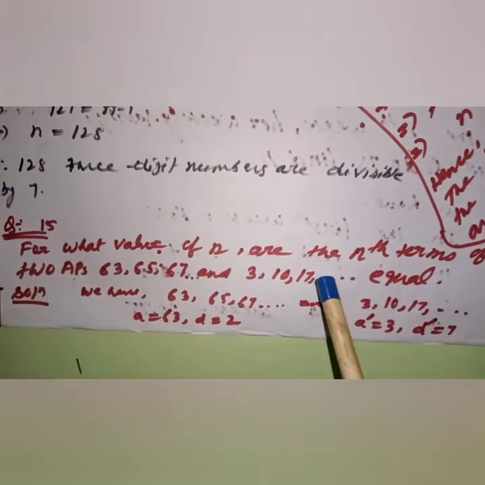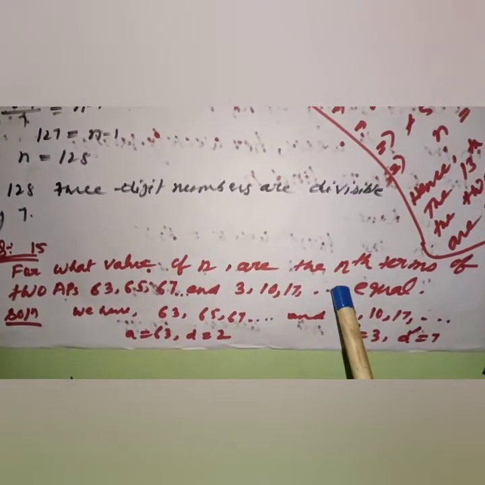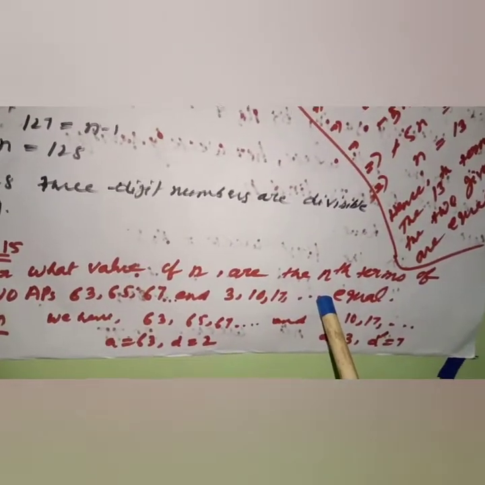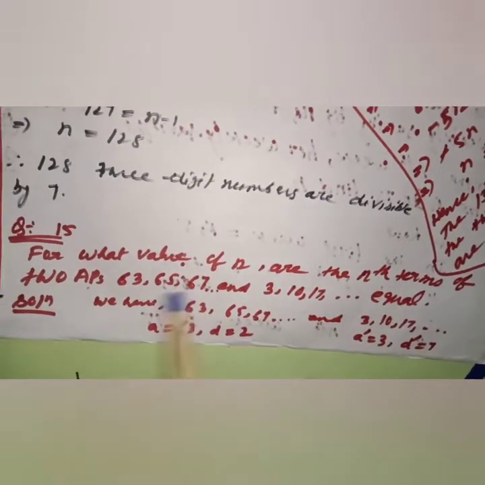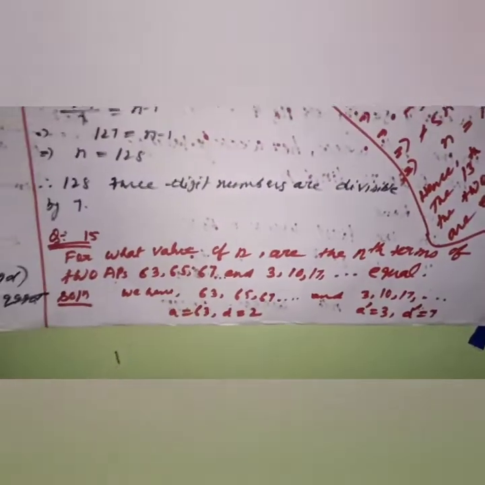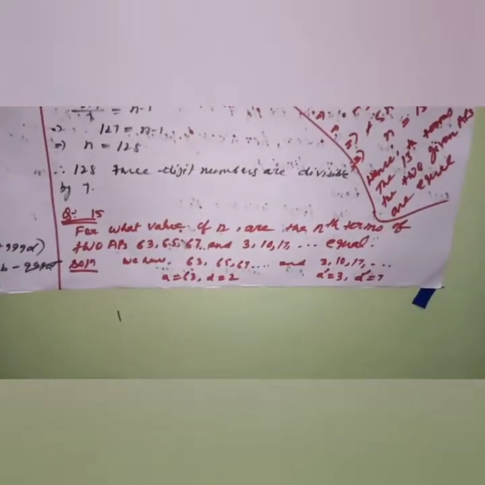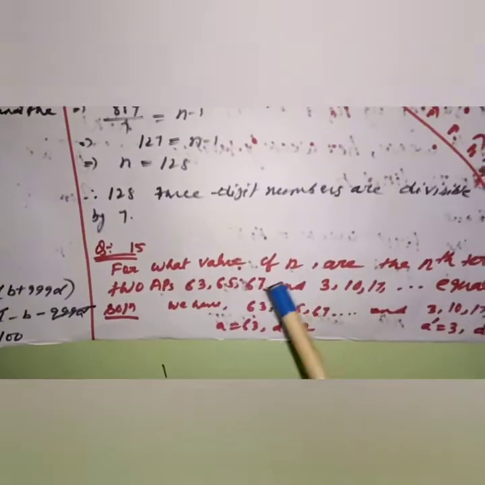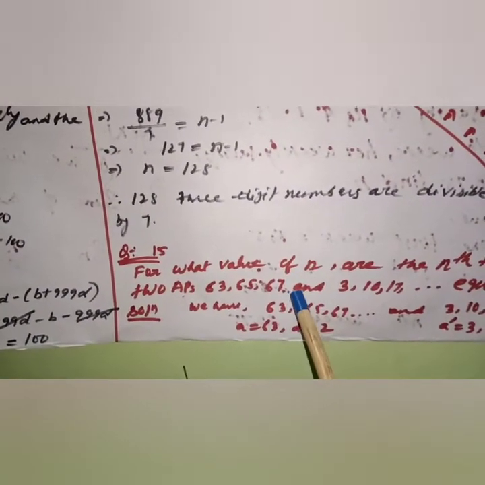But one time a term will come that is the same in both. Means for what value of N are the N terms of the 2 APs equal?